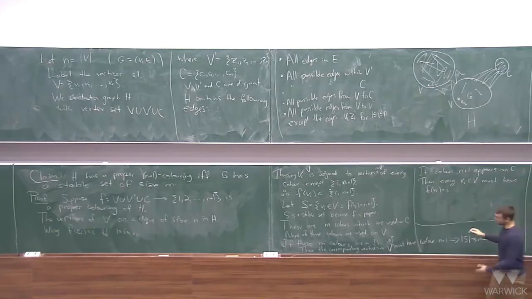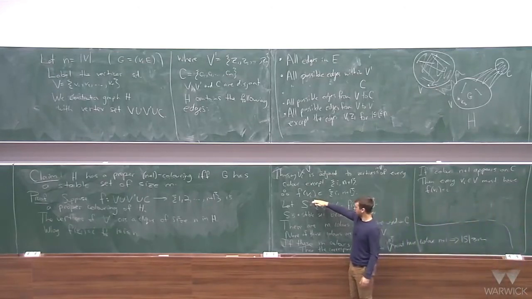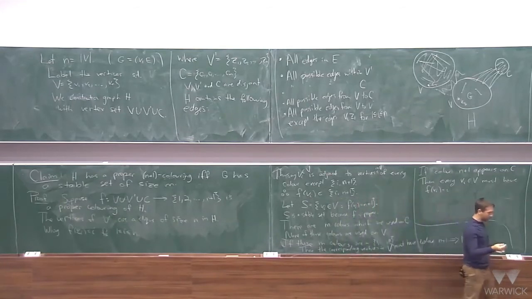Because we already knew that all of those vertices had color either i or n+1, and if somebody in C uses n+1, then that blocks the color n+1 from all the vertices of V, because every vertex in C is joined to every vertex in V.